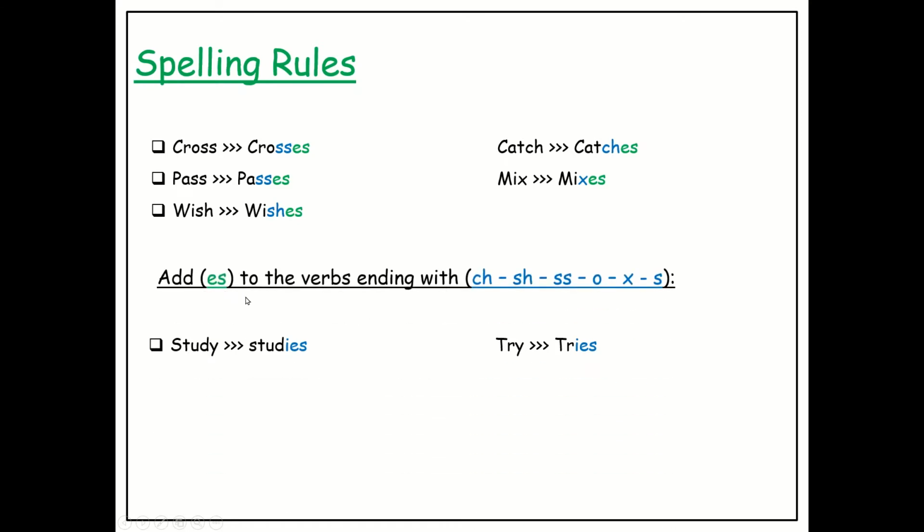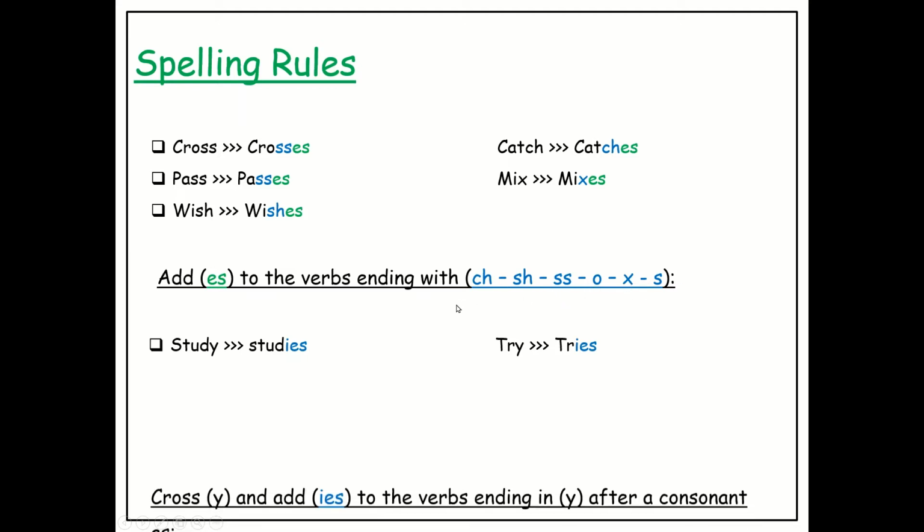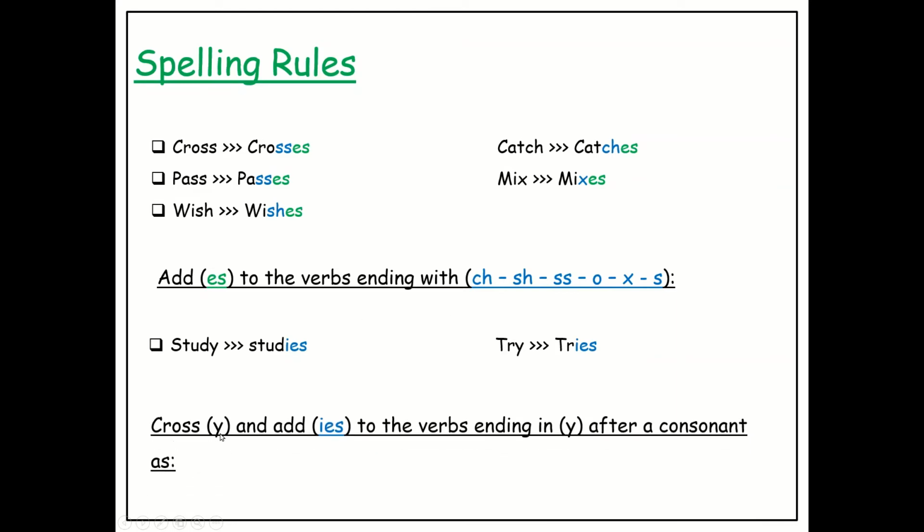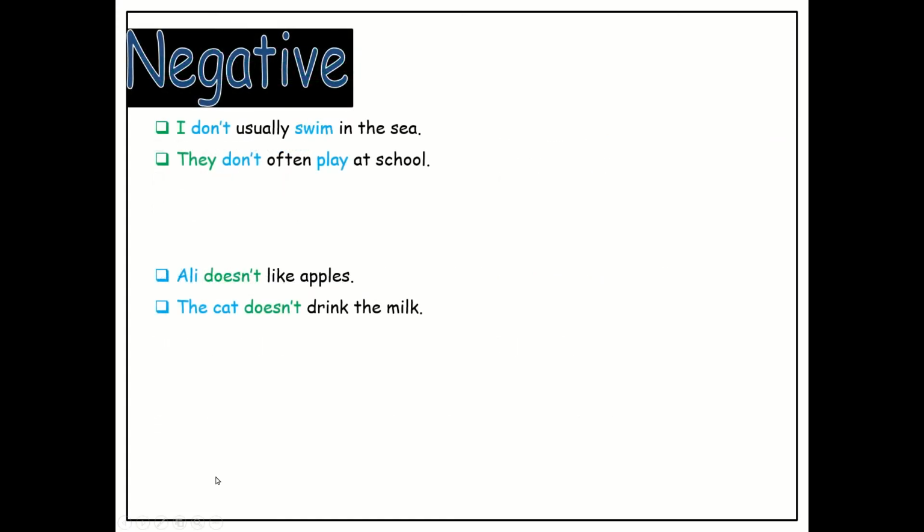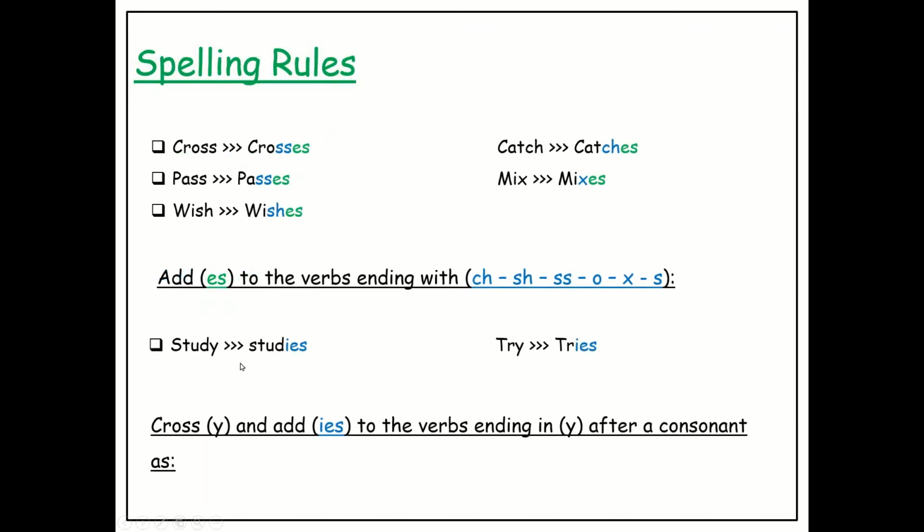So we add es to the verbs that end with ch, sh, ss, x, s. And we cross y and add ies to the verbs ending in y after a consonant, as study, studies, try, tries.